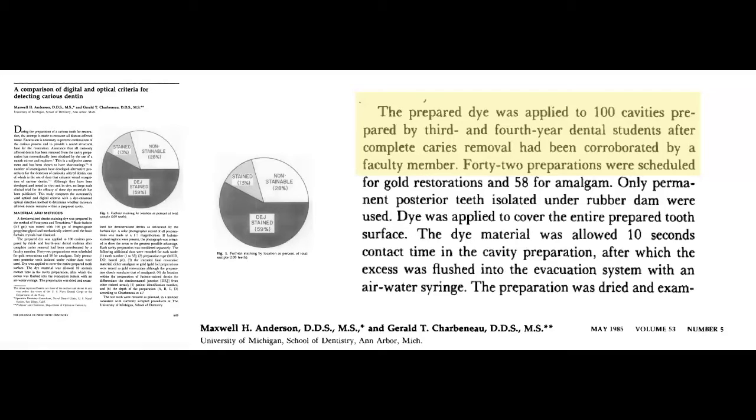What happened later was that these 100 cavities prepared by these dental students were assessed by applying the caries detection dye after the students had said, and the faculty had corroborated, that there was no caries left behind.